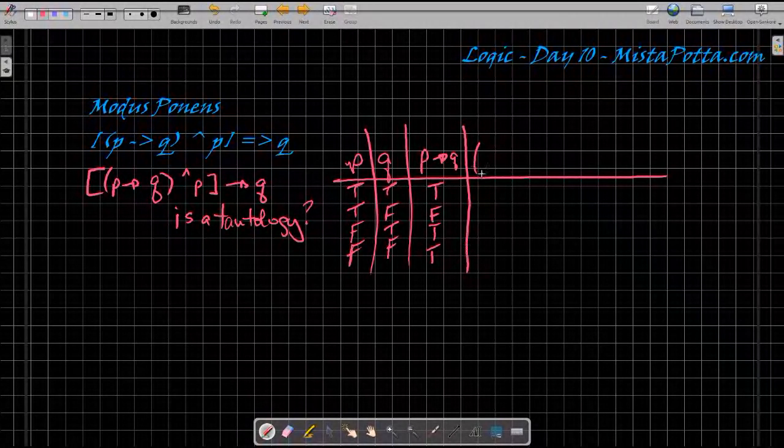And we want to take a look at the conjunction with P. Of course, the conjunction is only true when both statements are true, and that only happens on the first row.